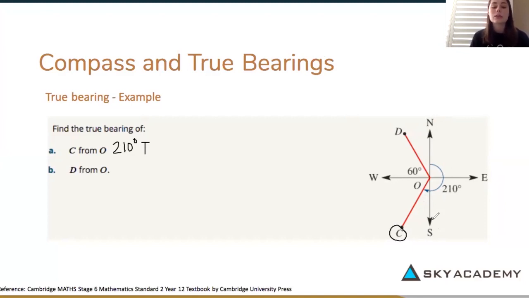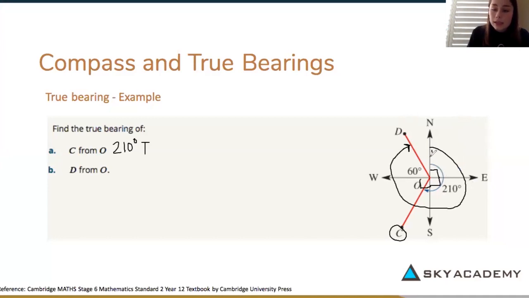And if we have a look at question B, it says how far is D from O, and so we have to figure out how far we are here. And we know that each right angle is 90 degrees.